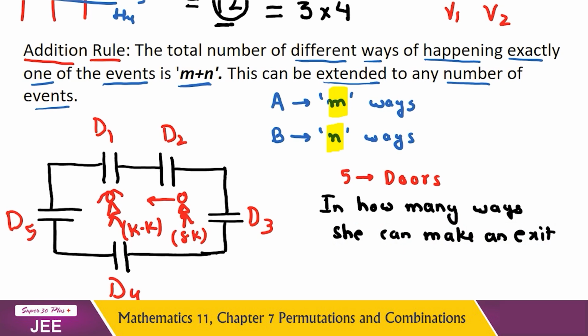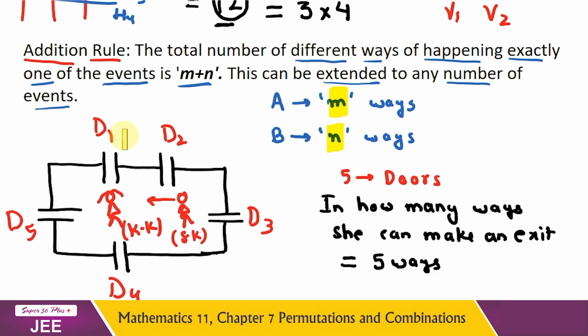Alright, so I expect that most of you must have calculated the answer. How many ways are there in which she can make an exit out of this room? The total number of ways is going to be 5. There are a total of 5 ways in which she can come out of this room. How?